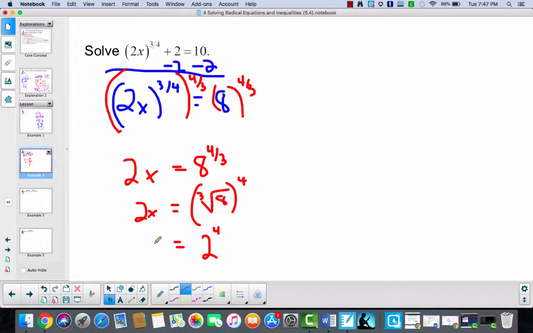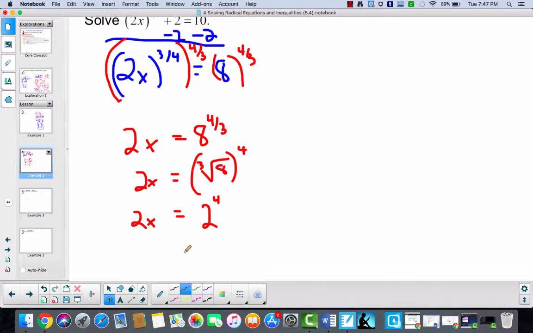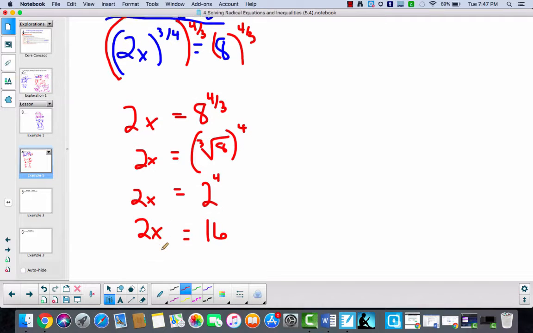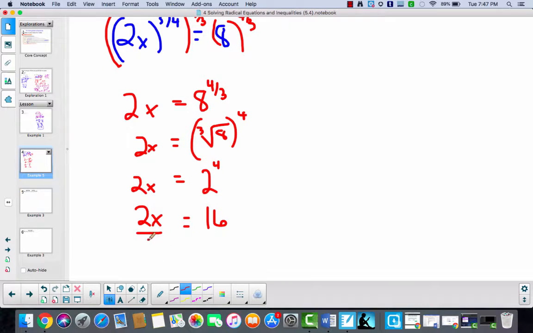So I have 2 to the 4th power. Over here I have 2x. But I can actually calculate what 2 to the 4th power is. 2 to the 4th power is 16. And I have 2x equals 16. Divide both sides by 2. And I get x equals 8.